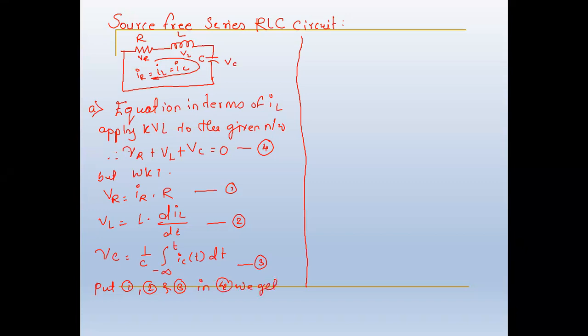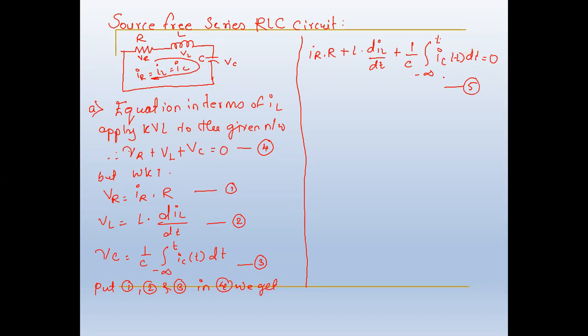We get the equation as IR into R plus L into dIL by dt plus 1 by C integration of minus infinity to t IC of t dt is equal to 0. Let us call this equation number 5.